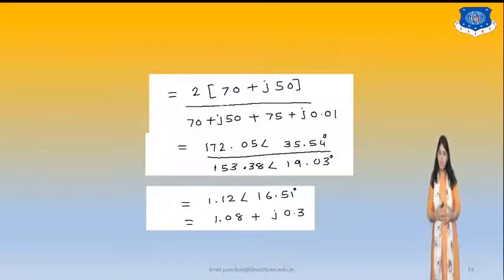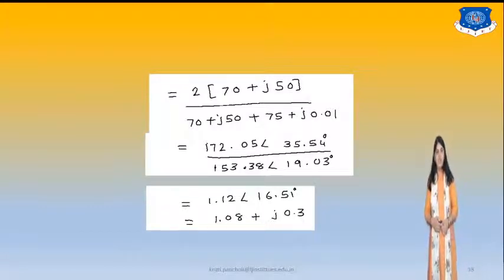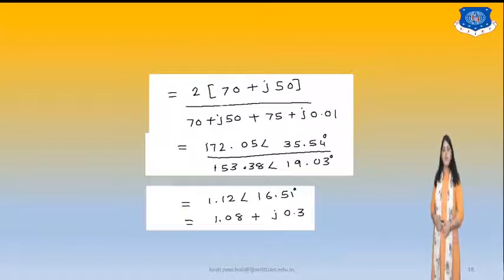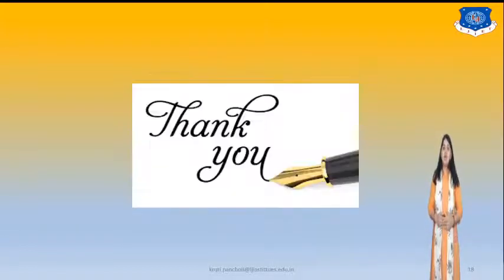We put the values in: 2 times (70 plus j50) upon 70 plus j50 plus 75 plus j0.01. Converting from rectangular to polar, it is 172.505 angle 35.54 degrees upon 153.38 angle 19.03 degrees. So the answer is 1.12 angle 16.51 degrees, which in rectangular form is 1.01 plus j0.53.